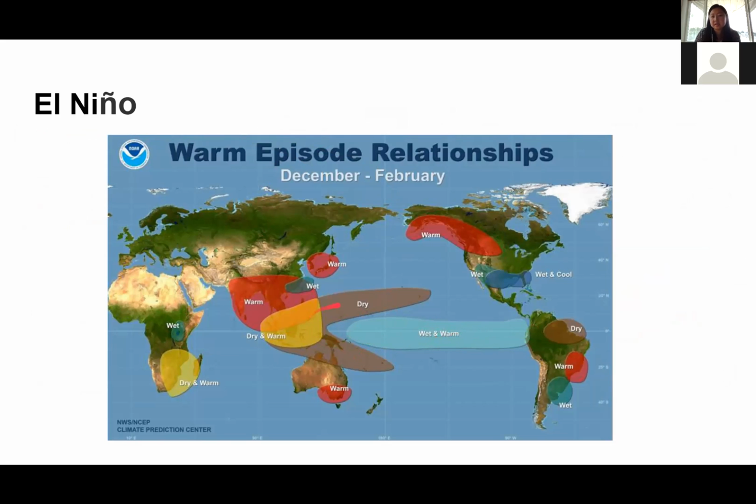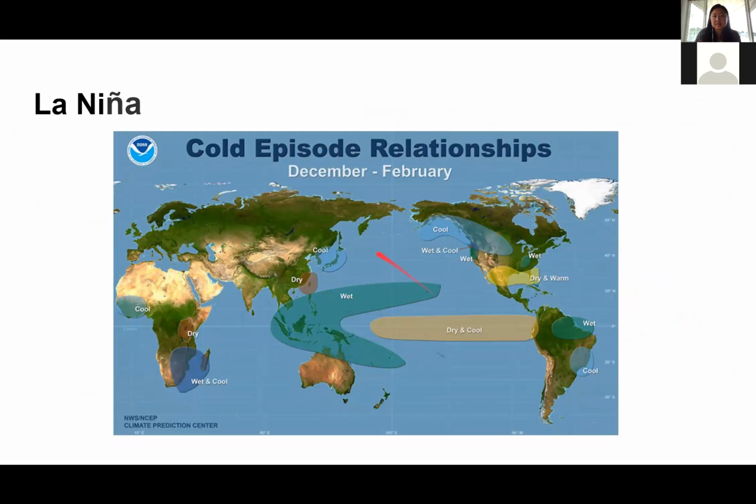So this area is drier, and this area is a lot wetter. Versus La Nina, where it's dry and cool here, because remember the ocean's cooler, which means there's not as much precipitation. But that means all of this warm water is being pooled here, which creates a lot of heavy rains. And over here it's drier.